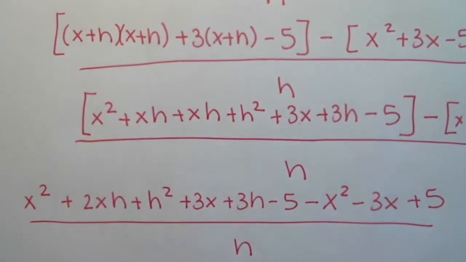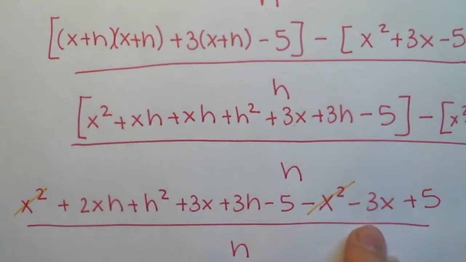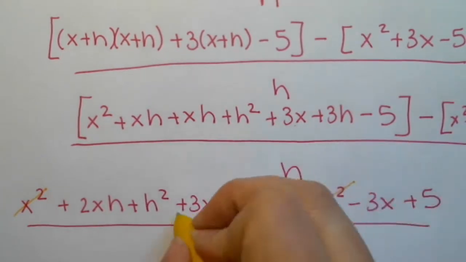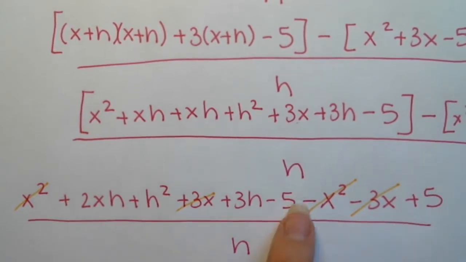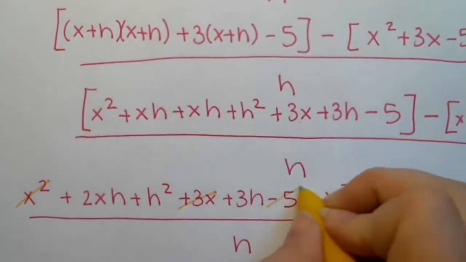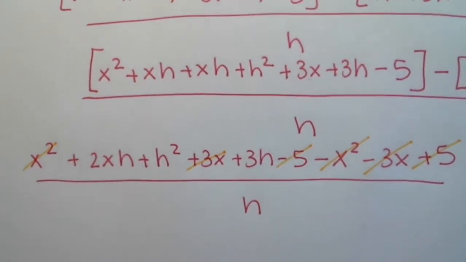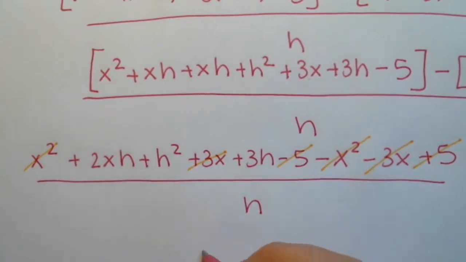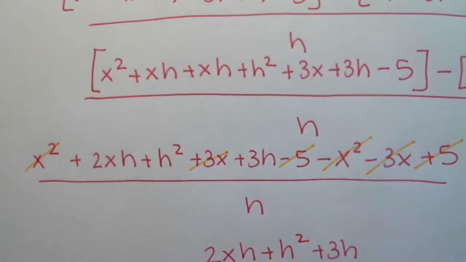So let's look for like terms. I have x squared and x squared, right? x squared minus x squared is 0. I have plus 3x and I have minus 3x. I have minus 5 and plus 5. So all my like terms are canceling out. What do I have left? I have 2xh plus h squared plus 3h, over h.